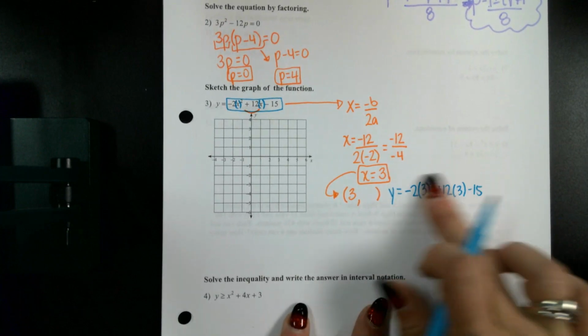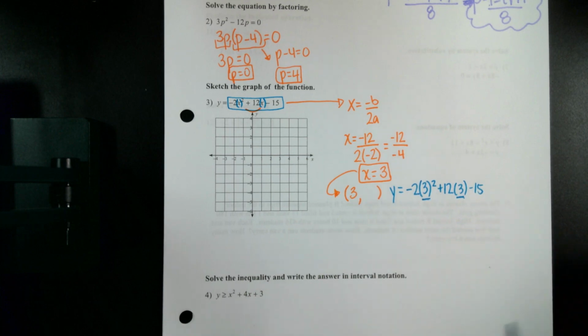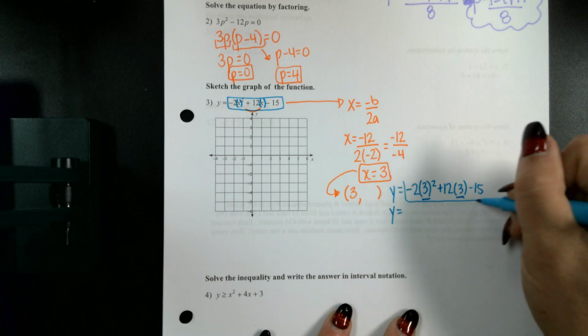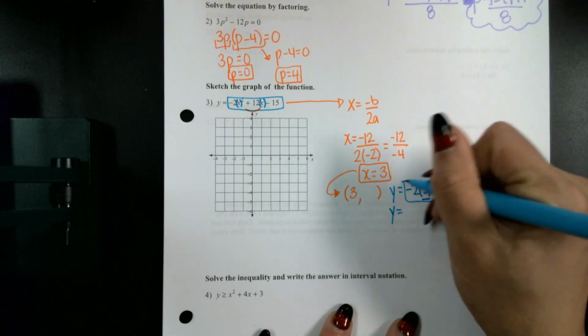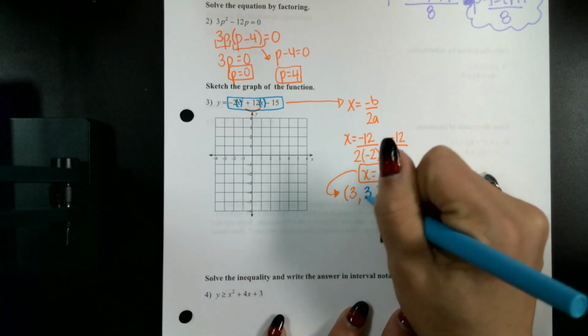This is just the original function. And like I said, I replaced the x's with 3's. And then that is just a matter of typing that whole thing into the calculator and seeing what you get. And you should get 3.